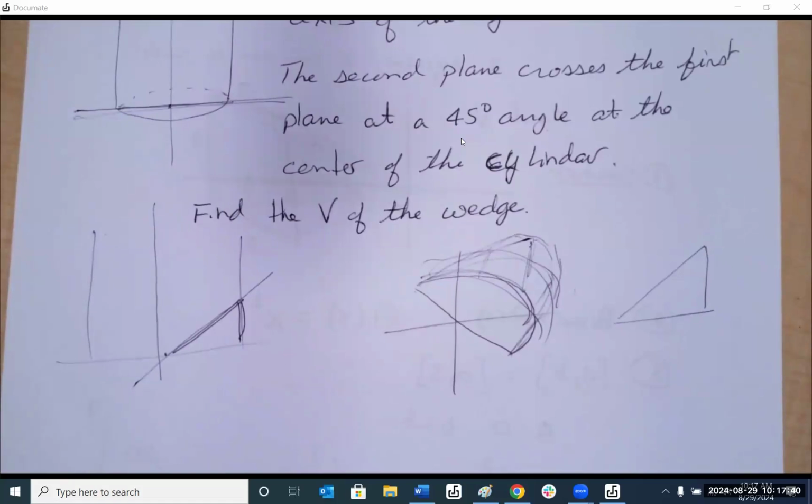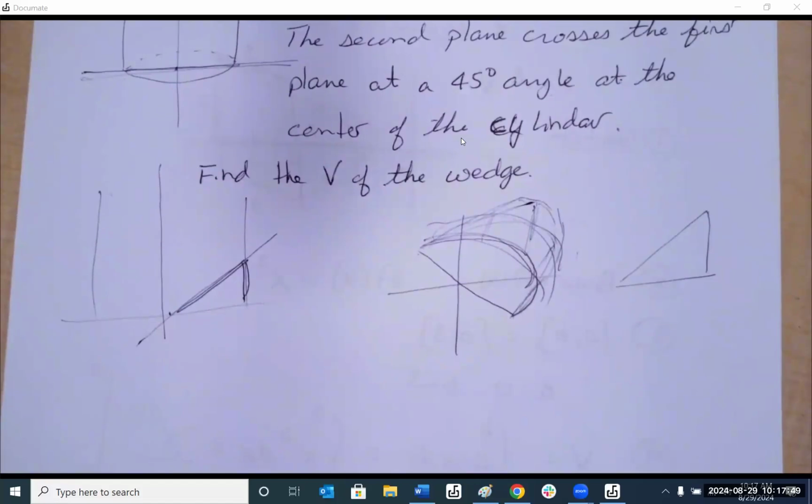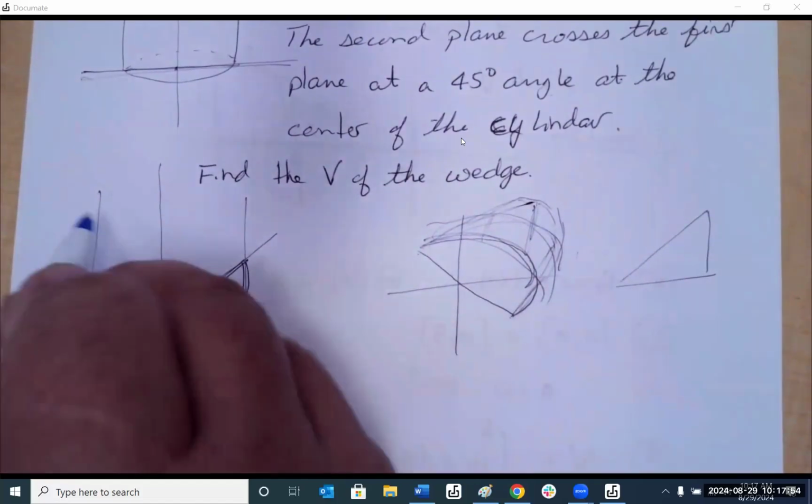It's cut straight down, and then that half is cut at a 45-degree angle. Okay, so we drew a picture. There's step one.